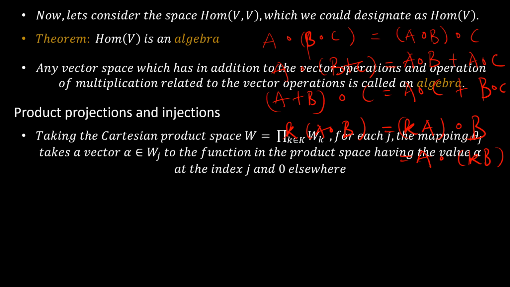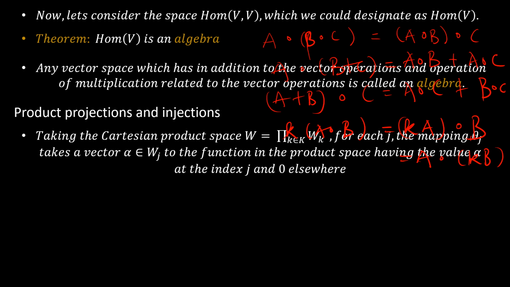So let's say taking the Cartesian product space W being equal to the product of WK, in which K is a member of the capital K. For each J, the mapping theta J takes a vector alpha that is a member of vector space WJ to the function in the product space having the value alpha at the index J and 0 elsewhere.